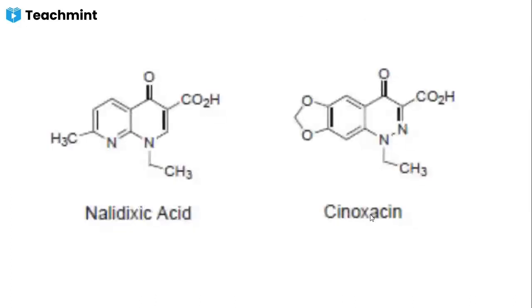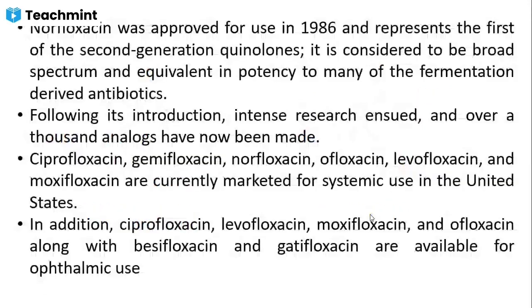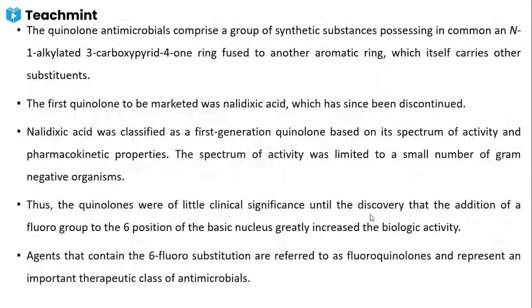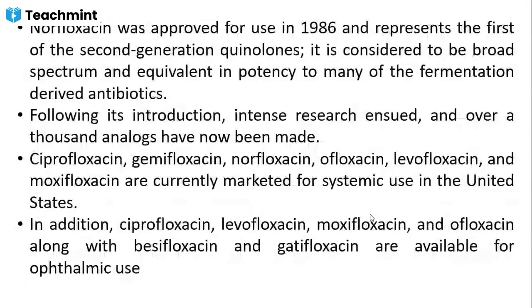So here is the structure of the first quinolone, that is nalidixic acid. Nalidixic acid is the first quinolone which was synthesized. What I have told you is the quinolone antimicrobial: a group of synthetic substances possessing in common an N1 alkylated 3 carboxy 4 pyridine ring.